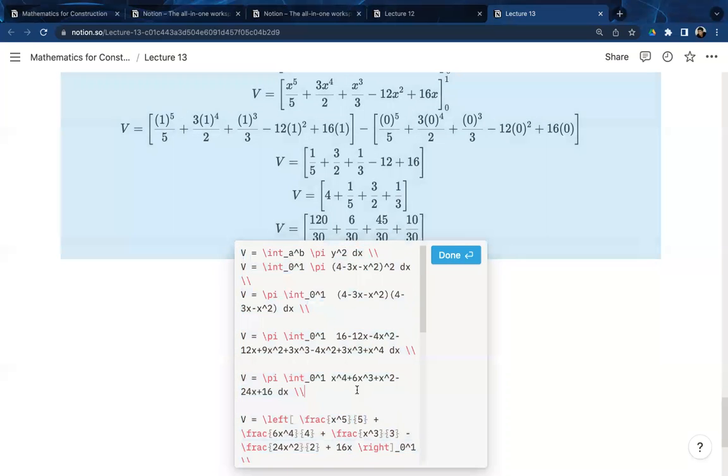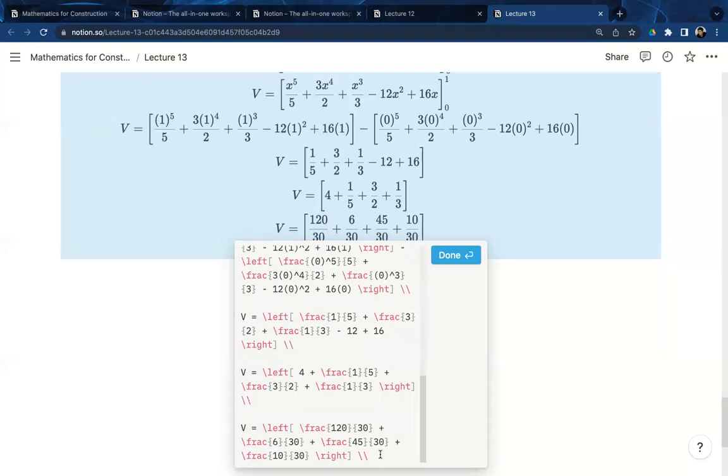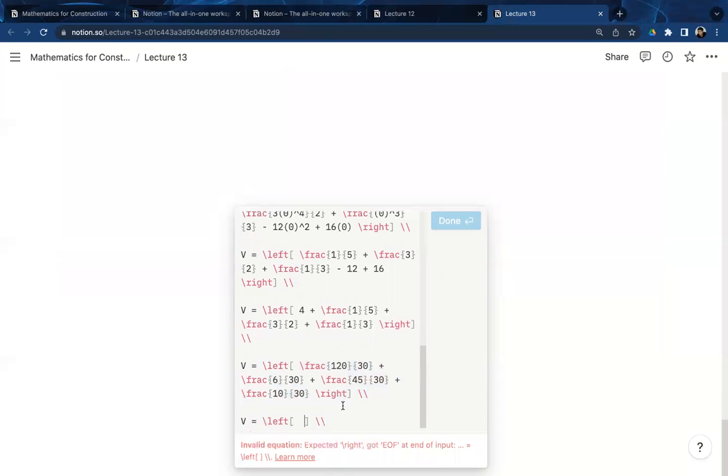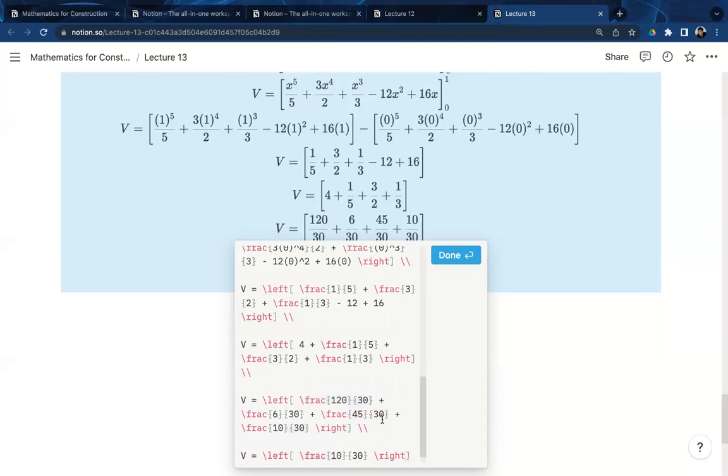So you just have to add up all of this now. 45 and 10 is 55, 55, 65, 75, 175 plus 6.